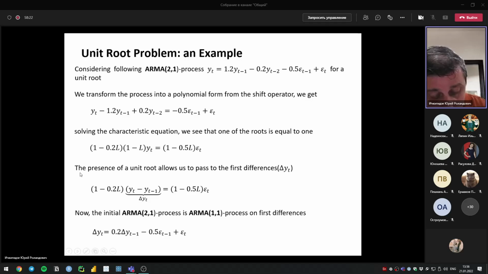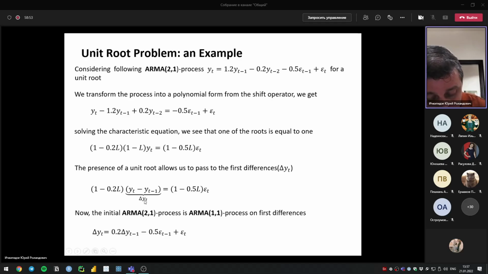And now we see that the characteristic equation for autoregression has a unit root. It is shown here because here we will have a unit. Accordingly, this unit root allows us to move on to the first differences. That is, this is the product of the second factor by yt.